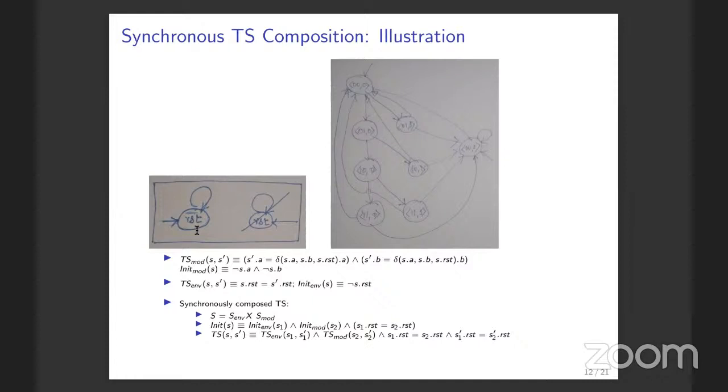Okay, so since I've already constrained it to be 1, I will take this environment transition as well as this arrow. There are two arrows here from reset 0 to 0, the environment transition, as well as the transition from the other one.